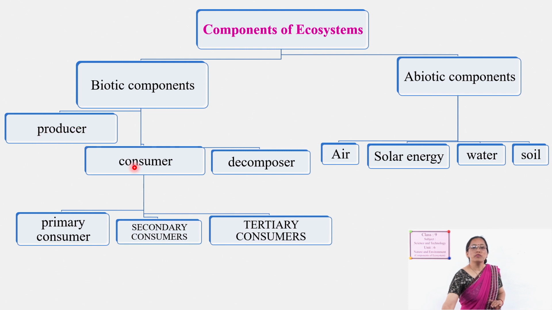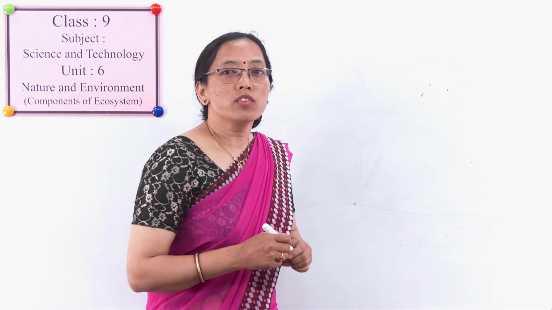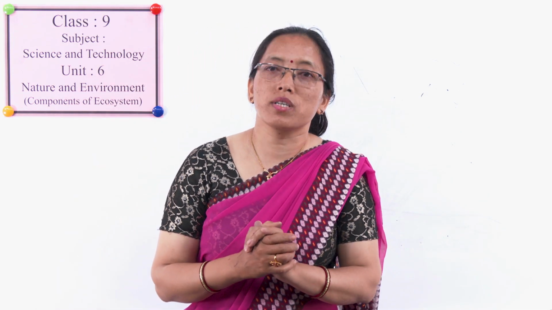Yes, so these biotic components are divided into various types. Those which can prepare their own food and produce food for others also are called producers. Especially green plants are producers. Why are these green plants called producers?